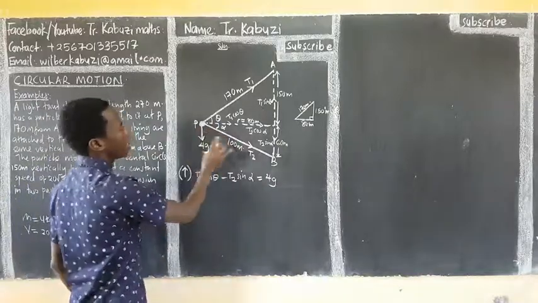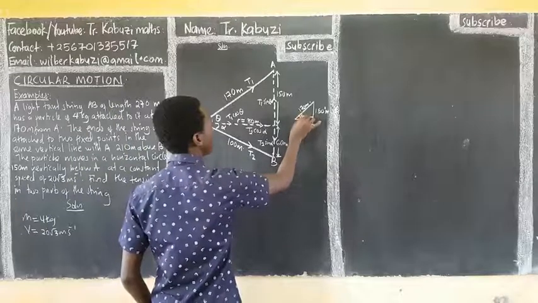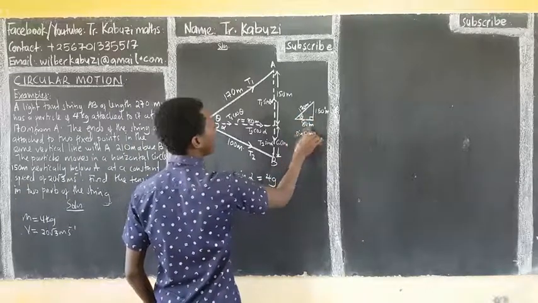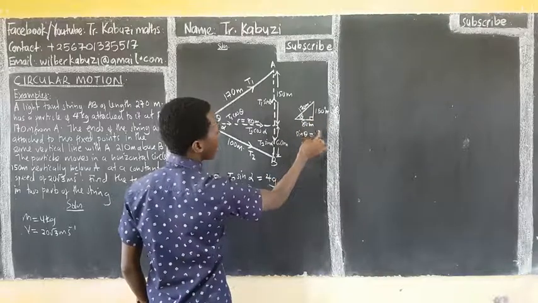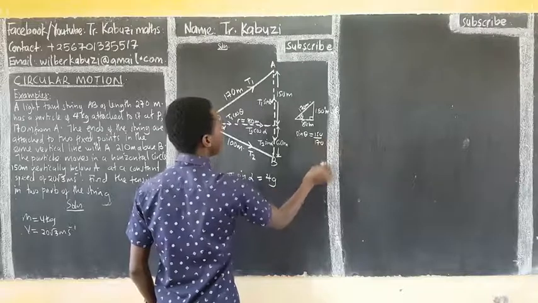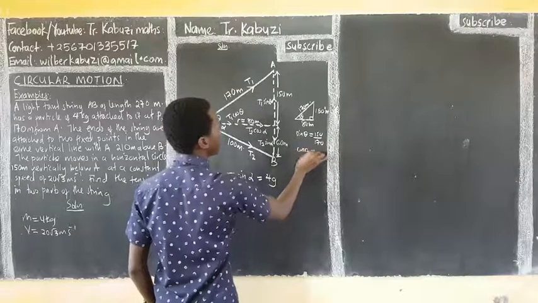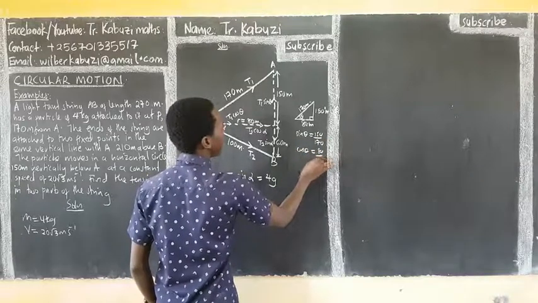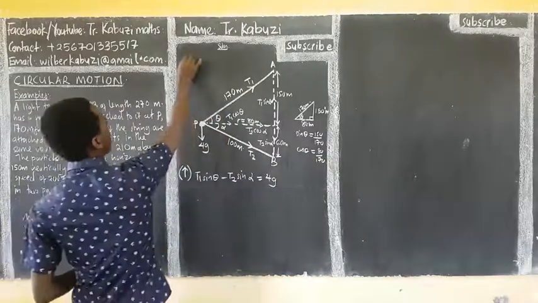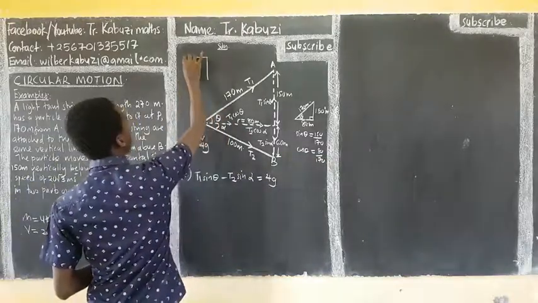If I'm here, I can remember this is going to be my theta. So from there I see that my sine theta is going to be the opposite over hypotenuse. So cos theta is going to be adjacent over hypotenuse. Now, I can also draw for this one, of course, alpha.